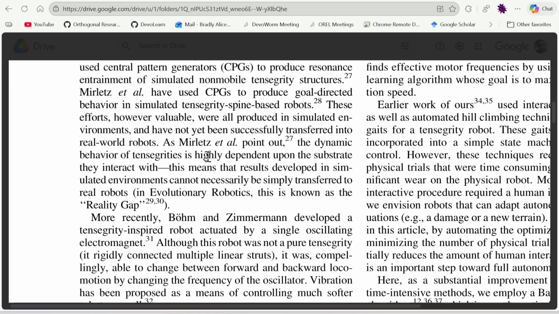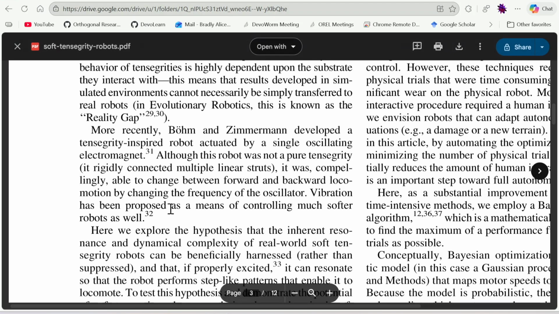In this case, we have different substrates where these robots can function, and depending on that substrate, you're going to get a certain mode of dynamics. So we can't necessarily assume that something we produce in simulation will transfer to the real world. In evolutionary robotics, this is known as the reality gap.